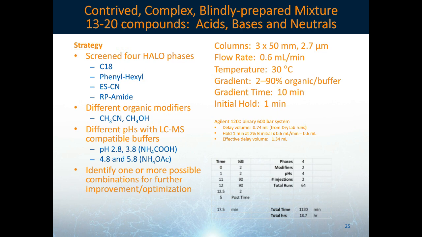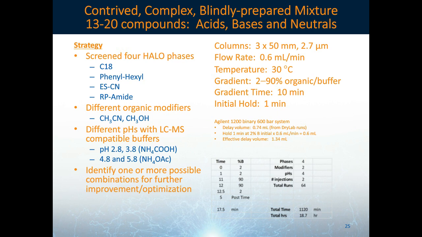We used 2 different organic modifiers, methanol and acetonitrile, and then we looked at different pHs with LC-MS compatible buffers. So we looked at ammonium formate at pH 2.8 and 3.8, and ammonium acetate at pH 4.8 and 5.8. And the idea was to identify 1 or more possible combinations for further improvement or optimization. And you can see our run conditions are listed on the right-hand side of the screen.